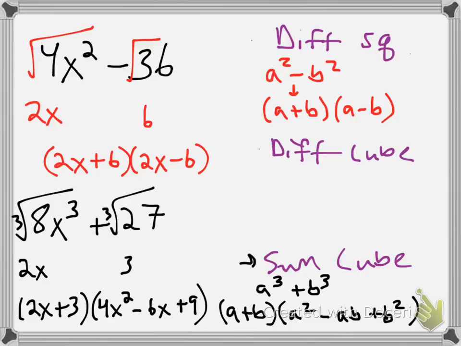I just want to go ahead and show one more example of the difference of cubes. Let's say I have just x cubed minus 1. Well, the cube root of x cubed is x times x times x. The cube root of 1 is 1 times 1 times 1.